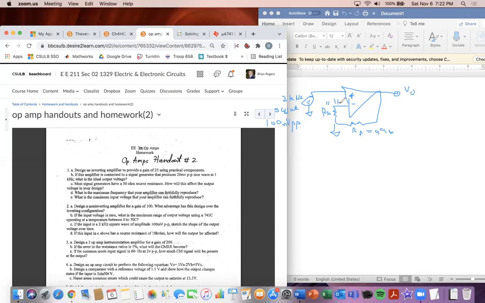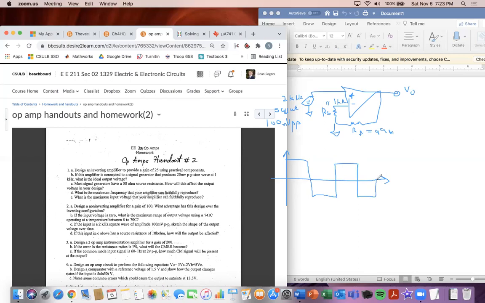Okay, so I like to always draw the input in order to see the output and verify that this is a non-inverting amp, since it should only amplify and it should not flip the output wave. So 100 millivolts peak to peak. We'd have it up, down, and up, and then down because it's a square wave, everyone.